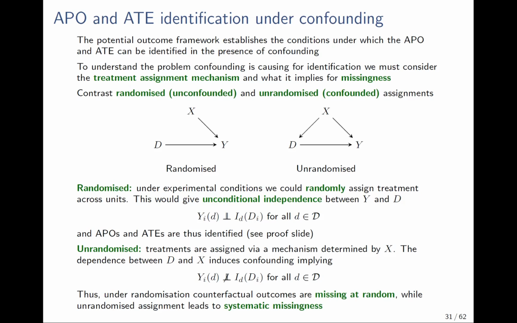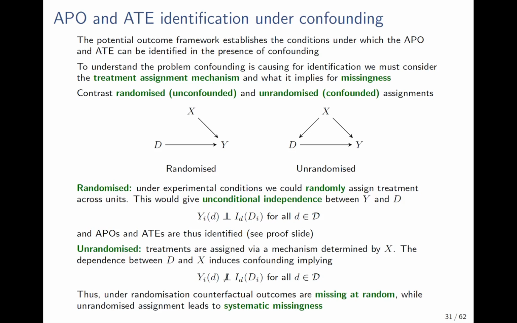And in the causal inference framework, the way that we understand the problem of confounding is to focus on the treatment assignment mechanism that I said was important earlier. And we're going to look at what that implies for missingness, that is, for the idea that potential outcomes are missing, we end up observing some, but not others. And what does confounding imply for that process of missingness?